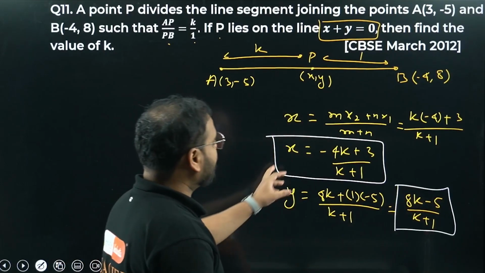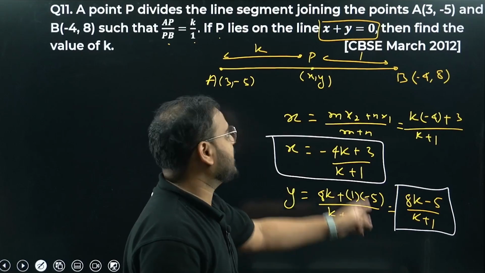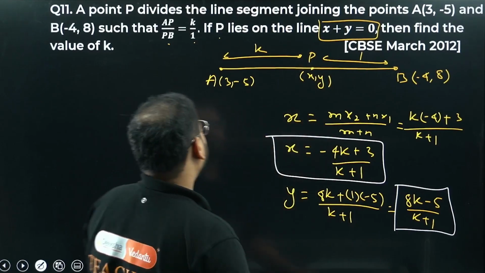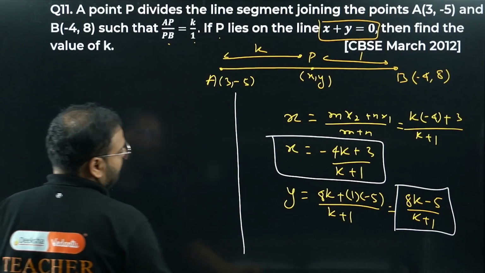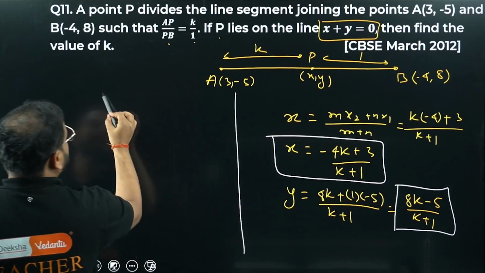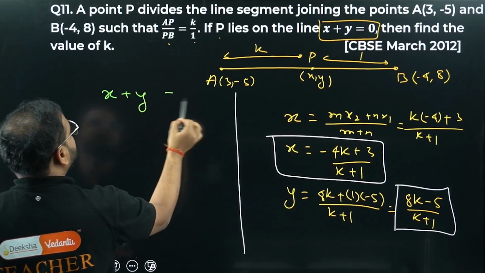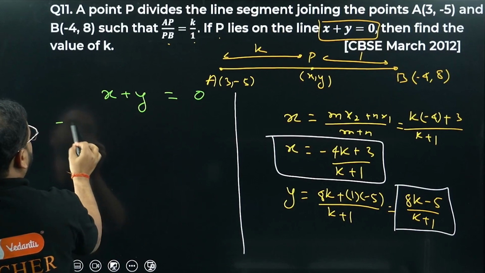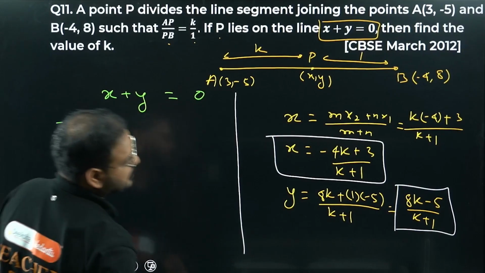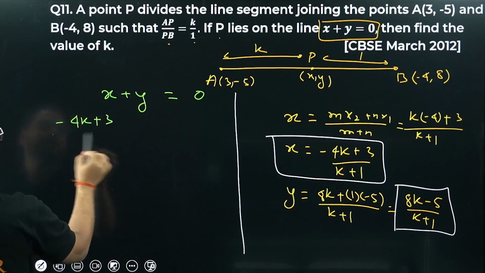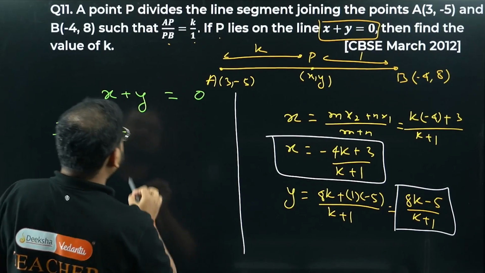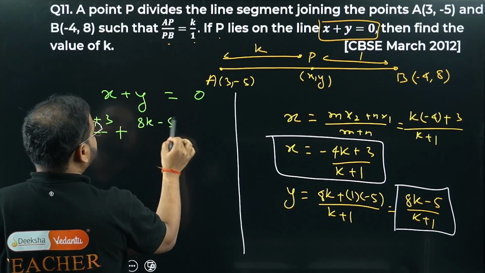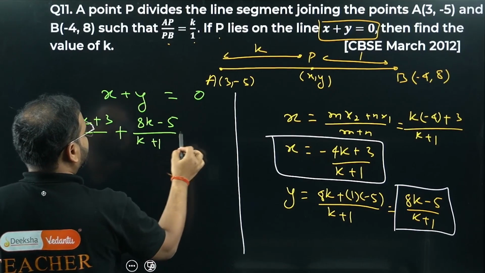They're saying that this point's coordinates x and y satisfy the equation x plus y equals to 0 because it's lying on that. Put this value of x and y in this equation. Minus 4k plus 3 upon k plus 1 plus 8k minus 5 upon k plus 1 equals to 0.